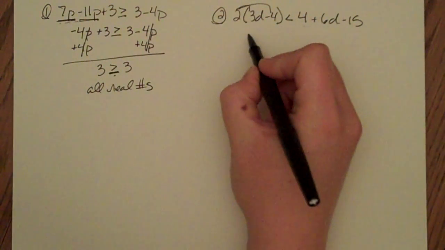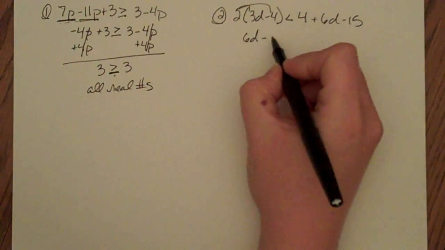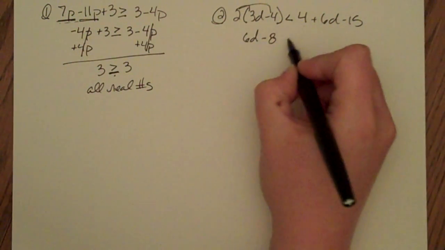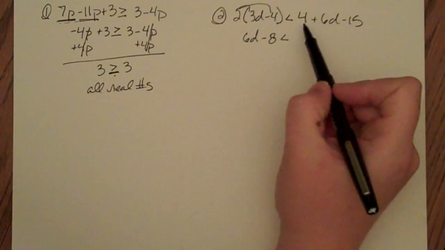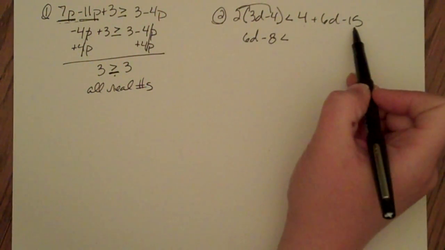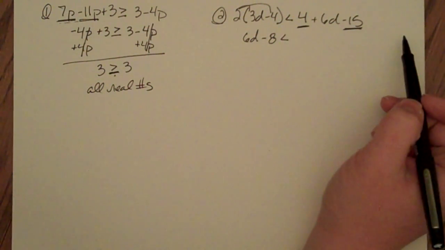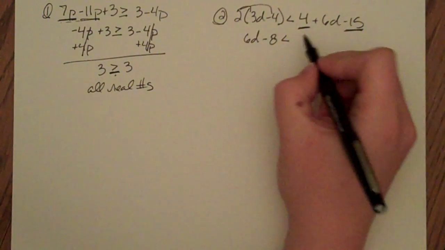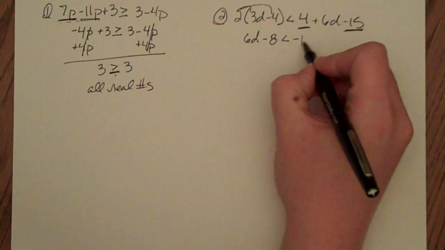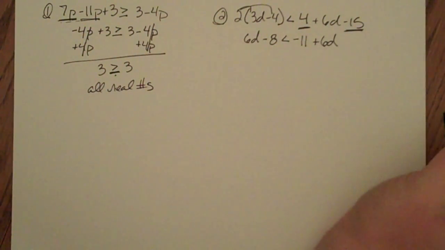So 2 times 3d is 6d minus 2 times 4 is 8. And then over here, bring down our sign as less than, we have a 4 plus 6d minus 15. The 4 and the negative 15 are like terms, so we want to combine them. 4 minus 15 is negative 11, and then bring down our plus 6d.